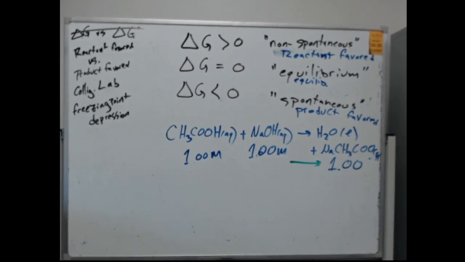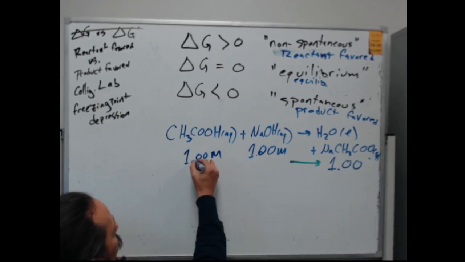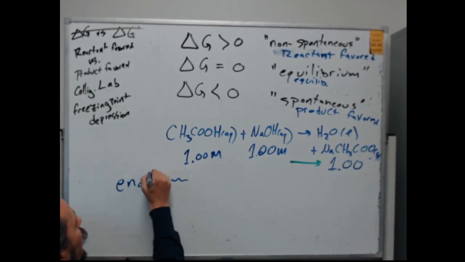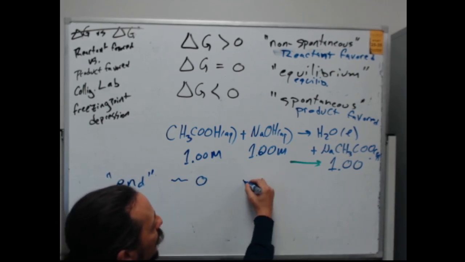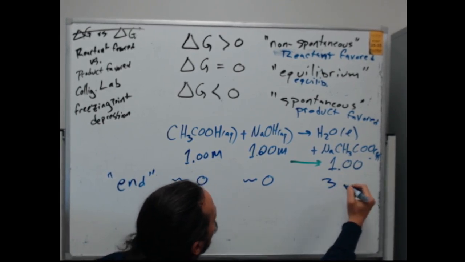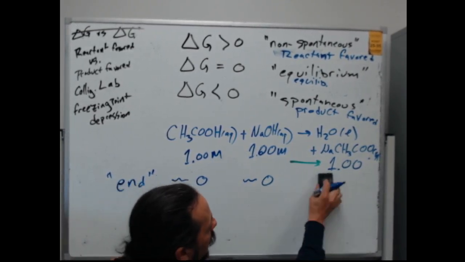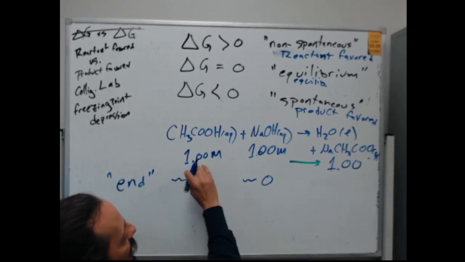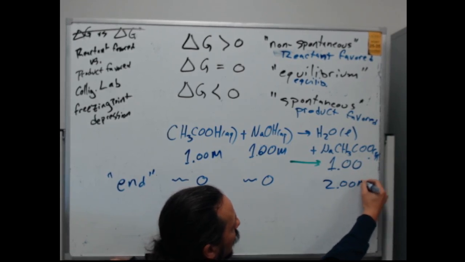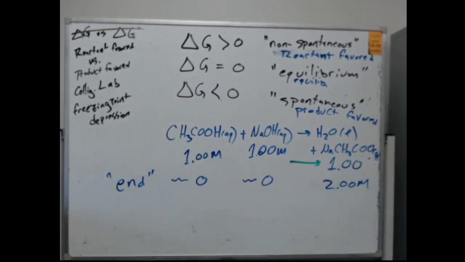So eventually, if I left all of this sitting here, at the end of the reaction, this would be approximately 0, this would be approximately 0, and this would be approximately 2.00 molarity. Both of those things would be completely used up, making more water and making more sodium acetate.